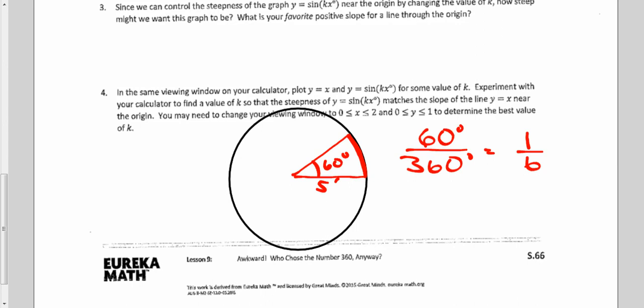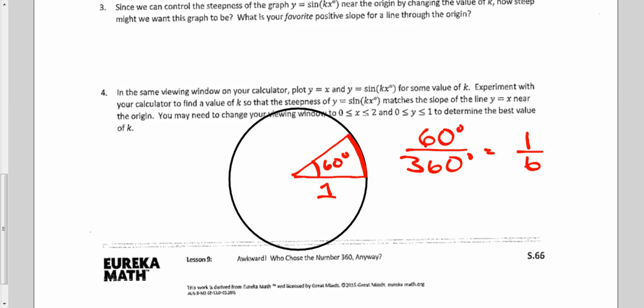So, if I'm in a unit circle, how far do I walk all the way around the circle? If I'm in a unit circle, which means my radius is 1, right? My radius is 1. How far do I go around an entire circle if my radius is 1? 2 pi, right? 2 pi is 1 whole revolution in radians.